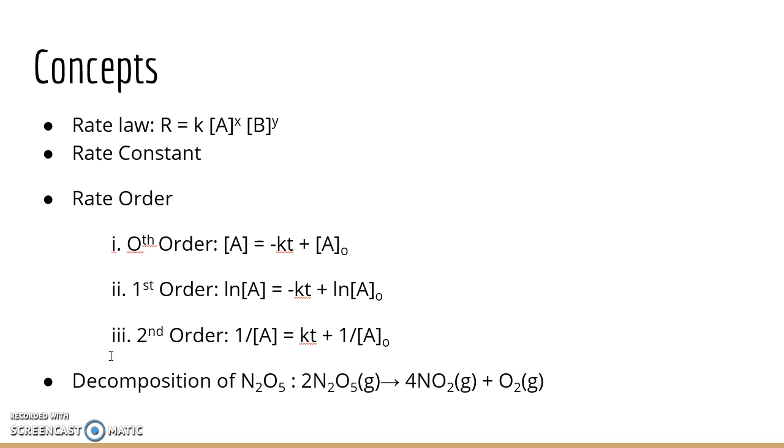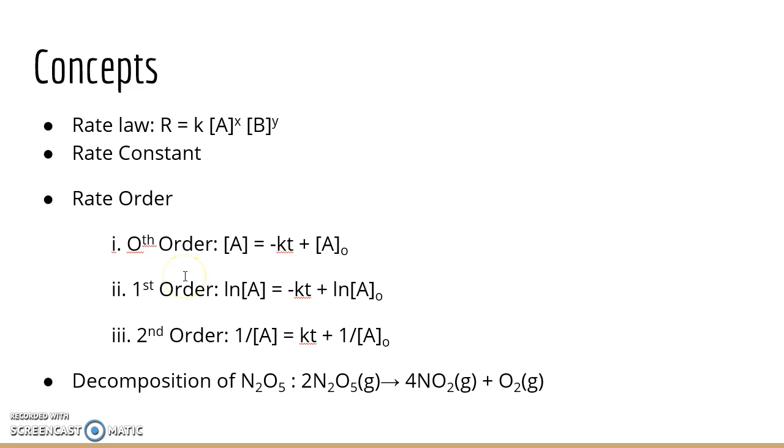As we discussed in class, we have three main orders for now, which are zero, first, and second order. I have here the integrated rate law expressions, which show the instantaneous concentration of the reactant with respect to time.